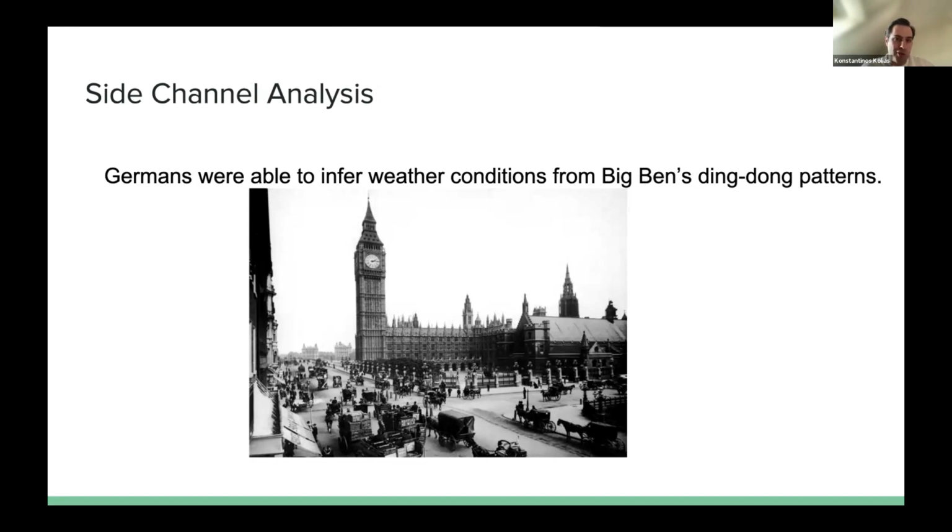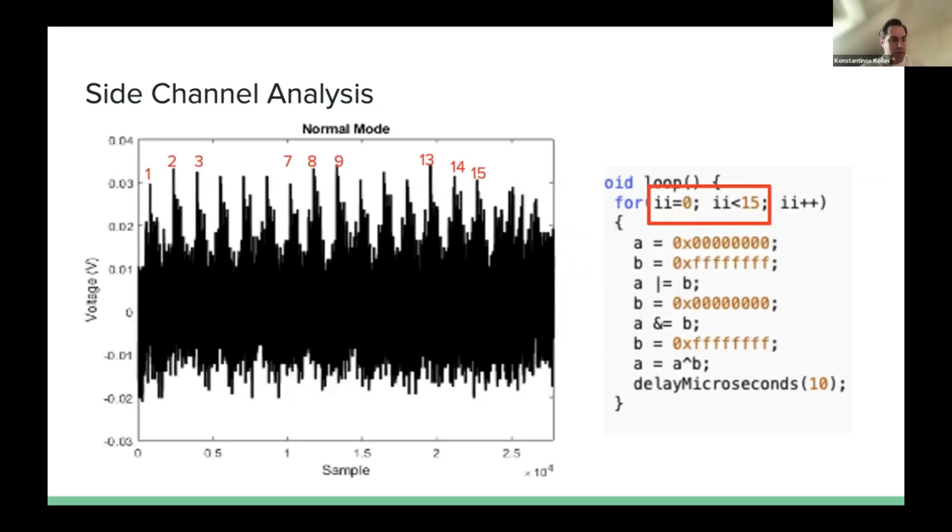Ingenious German physicists found a way to determine the weather conditions in London based on tiny differences in the tone of the ding-dongs of the Big Ben. This information proved to be invaluable for the German Luftwaffe. To the best of our knowledge, this was the first documented case of side channel analysis for adversarial purposes.